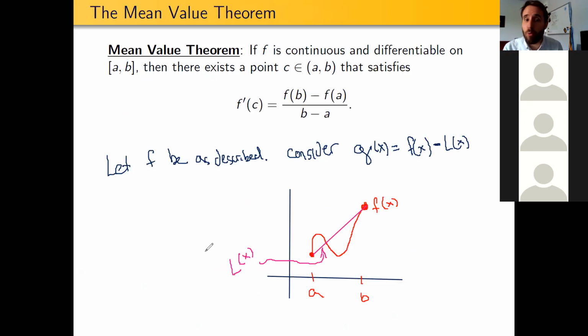And so we can ask the question, what do we get when we consider f of x minus L of x? Well, it's still defined on A and B. But now notice g, so g of x equals f of x minus L of x.